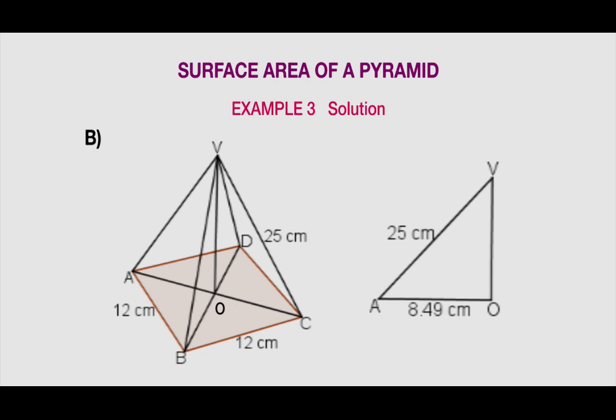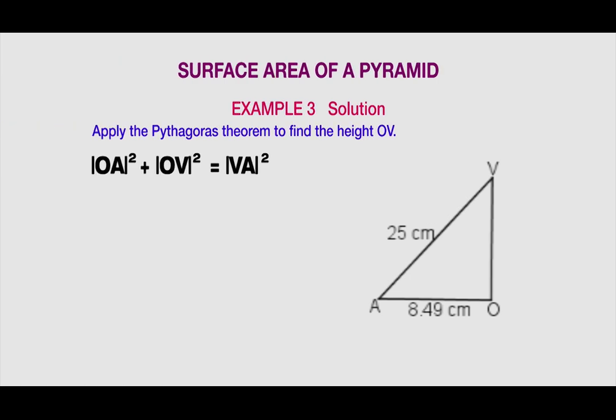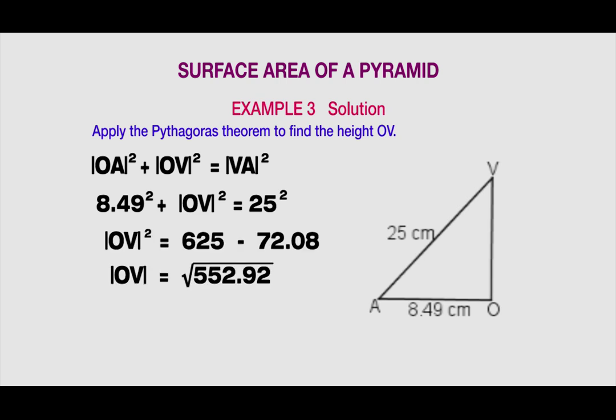Considering triangle VAO, we can apply the Pythagoras theorem. From the diagram, OA squared plus OV squared is equal to VA squared. If you do the substitution, then we are going to have 8.49 squared plus OV squared equals 25 squared. Simplifying, we have OV to be equal to square root of 552.92.